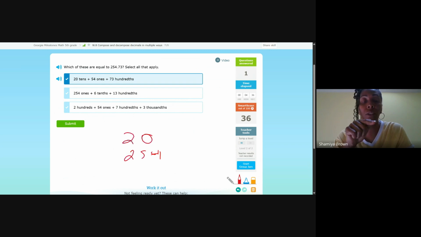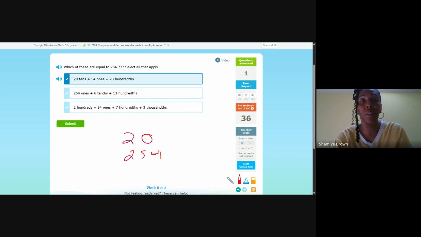And then I have 254 ones, 6 tenths plus 13 hundredths. That 6 tenths could be added to the 13 hundredths. So I need to add the 6 and the 1. Add a 10 to the 6 to make 7, and I have 3.